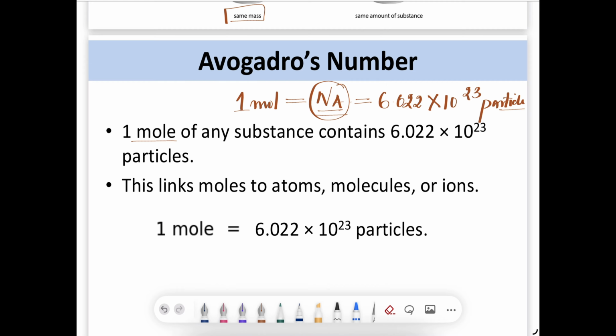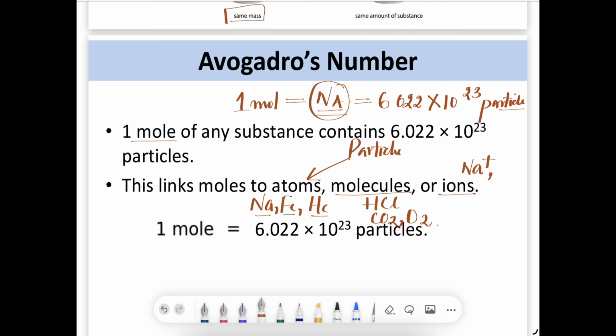Now particles can be of various types. So particles can be atoms. For example, you have sodium, iron, helium. When you just have atoms, it can be molecules. For molecules, you can have HCl, CO2, O2. They can be ions. For ions, you can have Na+, Cl-, O2-.